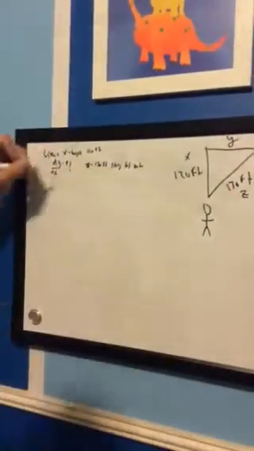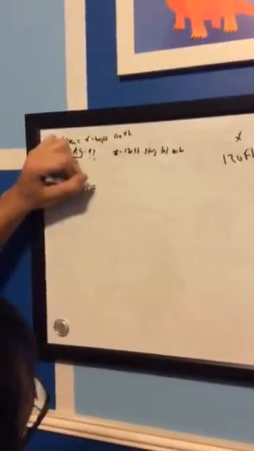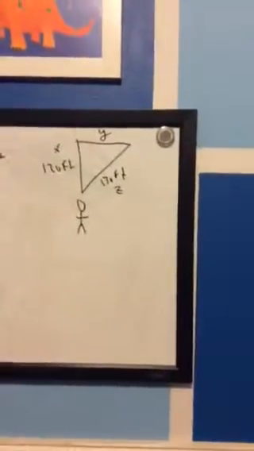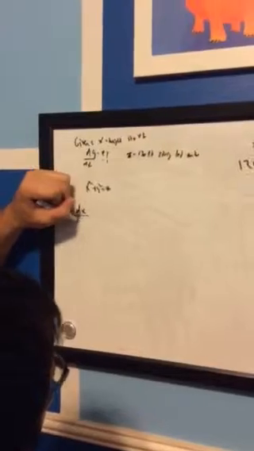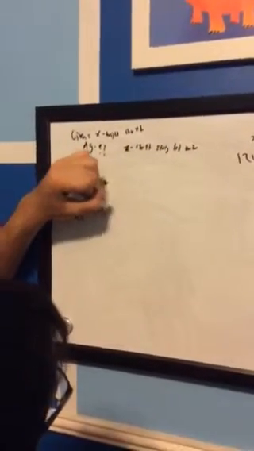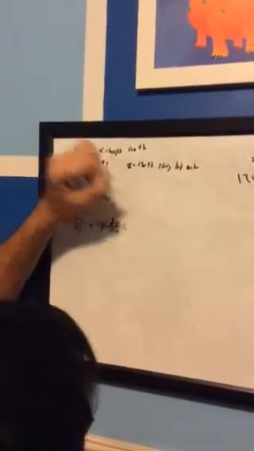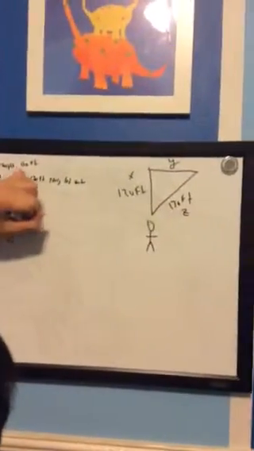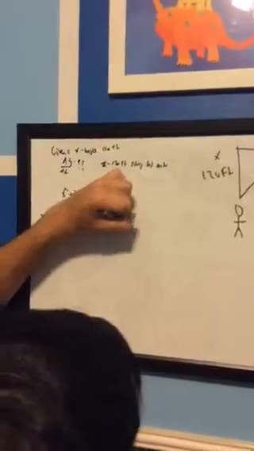And so, our equation we're going to use is x squared plus y squared is equal to z squared. So first, let's find the derivative of this implicitly. So 2x dx/dt plus 2y dy/dt is equal to 2z dz/dt.